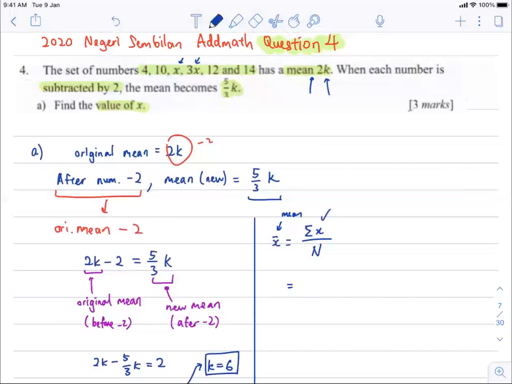So sum of all numbers here is 4 plus 10 plus x plus 3x plus 12 plus 14. How many numbers are here? 1, 2, 3, 4, 5, 6. So n equal to 6. And how about the mean? The mean is this one, 2k.